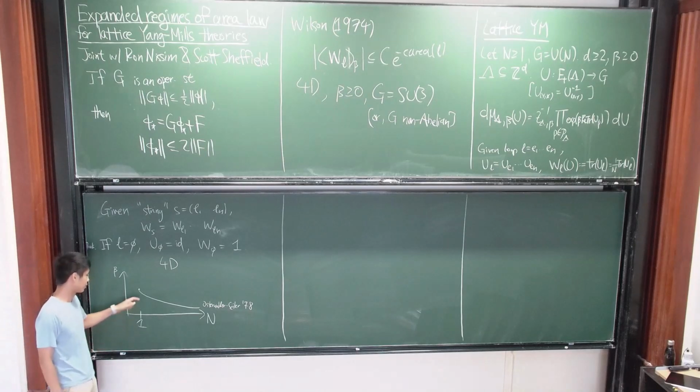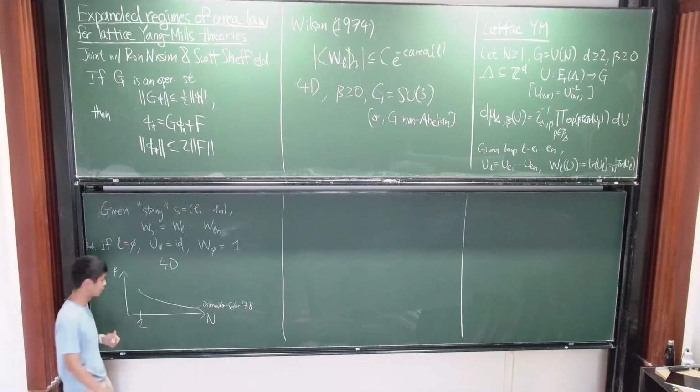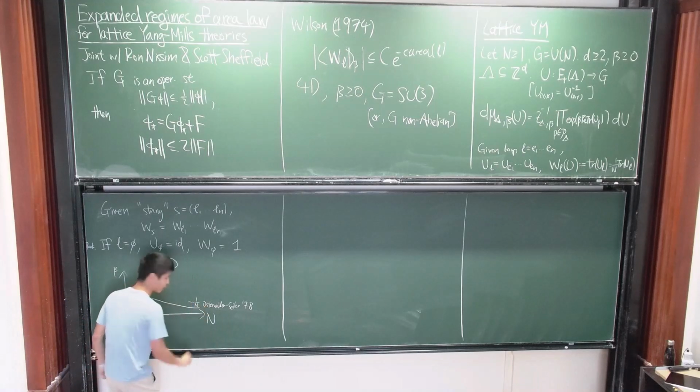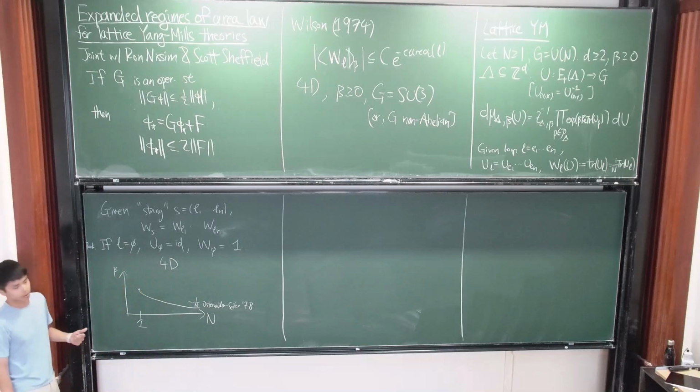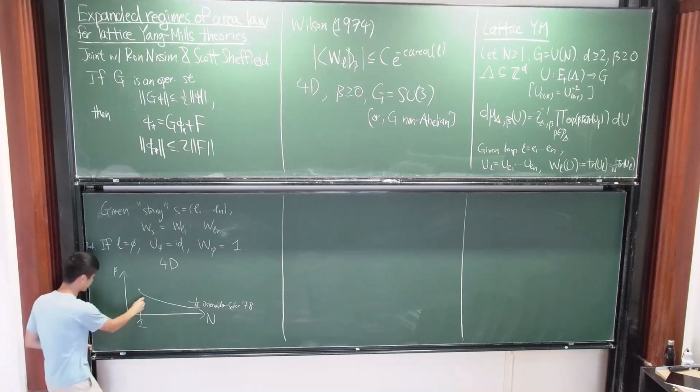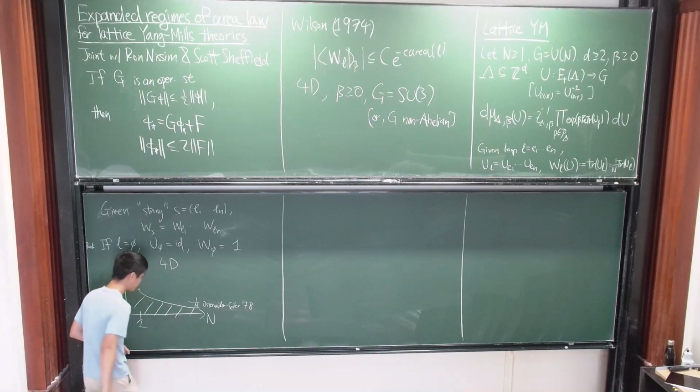And I try to draw this curve like 1 over n. So this is proportional to 1 over n. And if you inspect their proof, that's basically what their threshold gives. So for every n, there exists a beta that's basically 1 over n, below which you have area law. So let me shade this region.